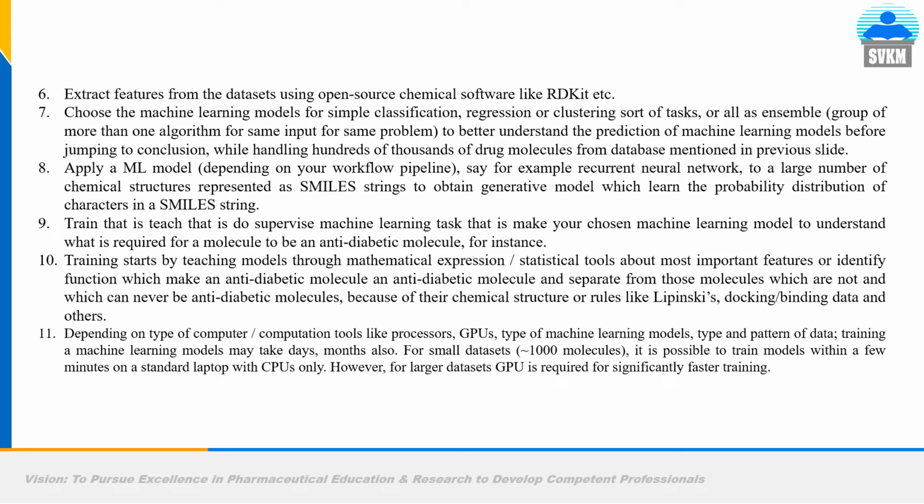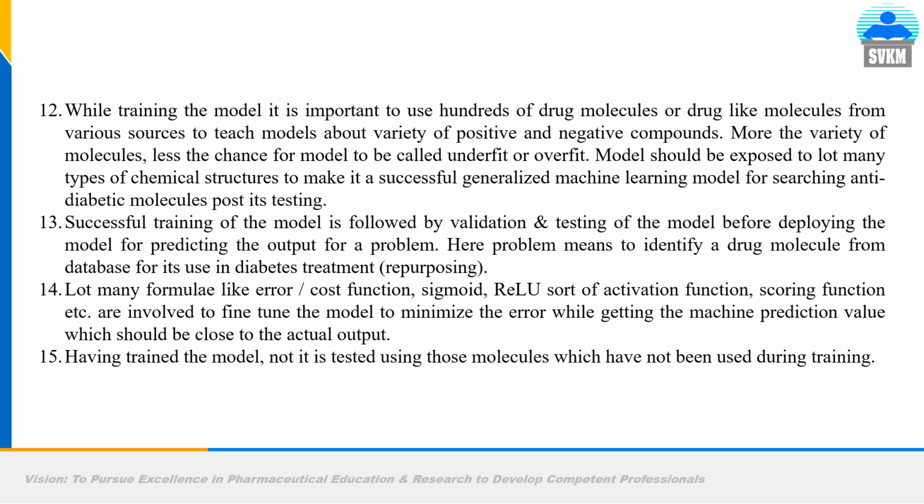For small datasets, small means less than 1000 molecules, it is possible to train models within a few minutes on a standard laptop with CPUs only. However, for larger datasets, GPU is required for significantly faster training.